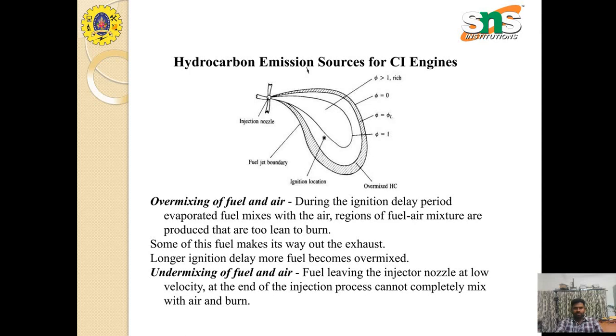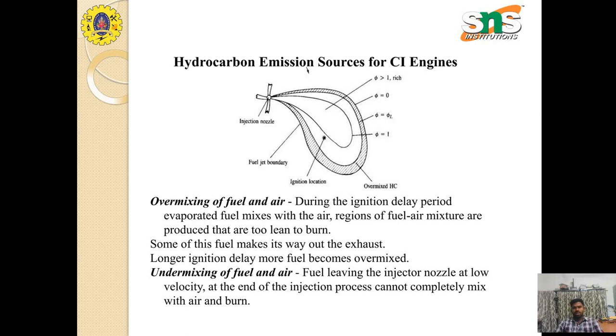And then hydrocarbons. There are two major factors: over-mixing of fuel and air, and under-mixing of fuel and air. These improper mixings of air and fuel during combustion give incomplete combustion, so we get unburnt hydrocarbons.